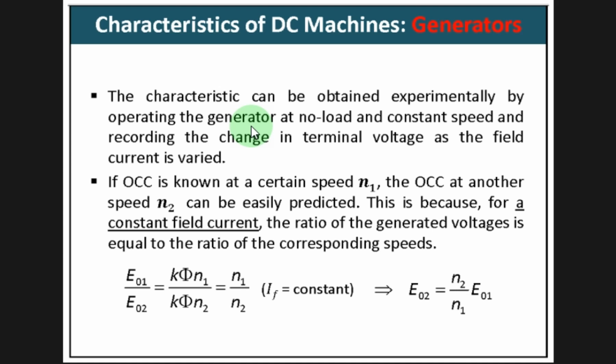If you know this curve for a particular speed n1, the OCC at another speed n2 can be easily predicted. This is because for a constant field current, the ratio of the generated voltages is equal to the ratio of the corresponding speeds.